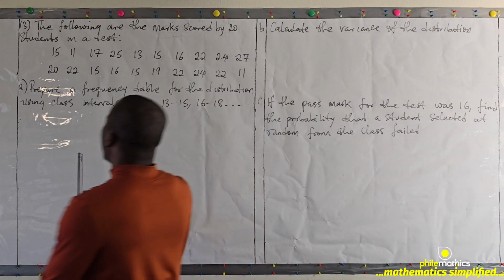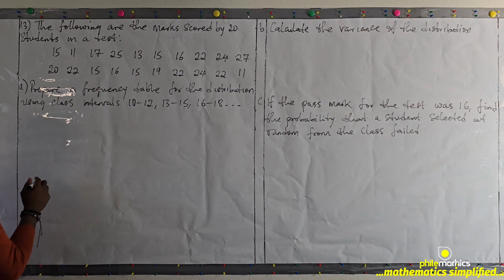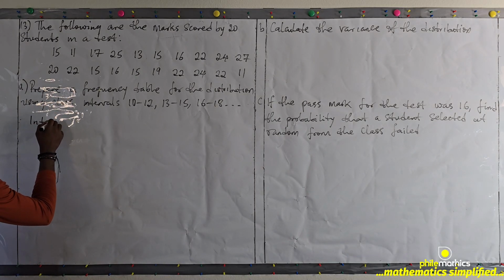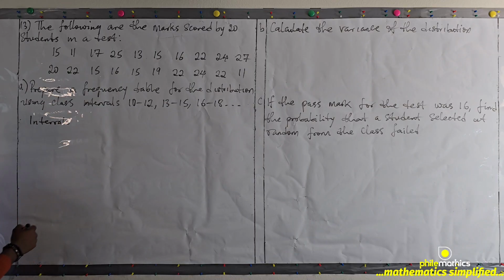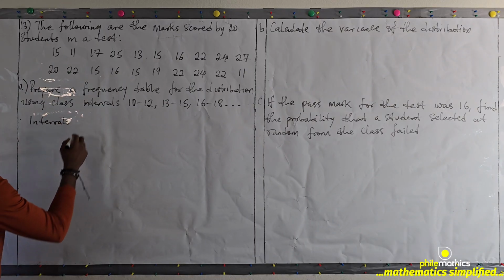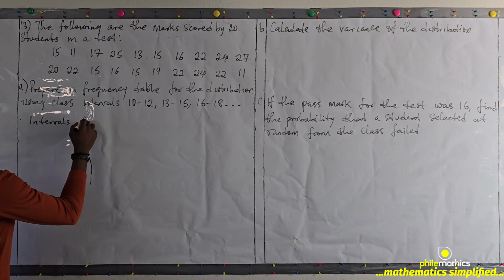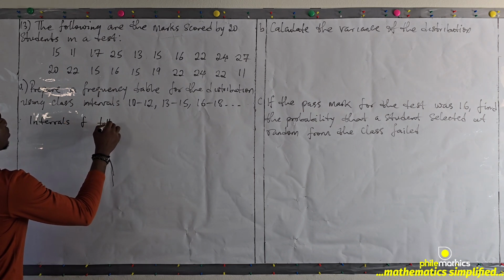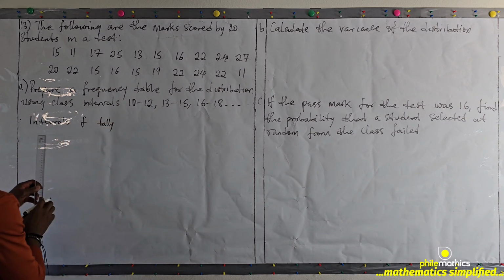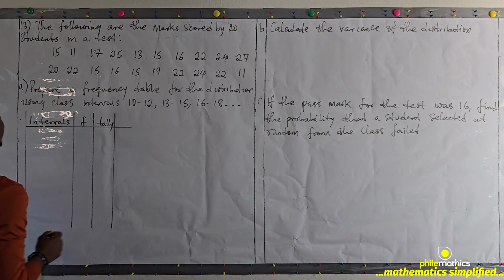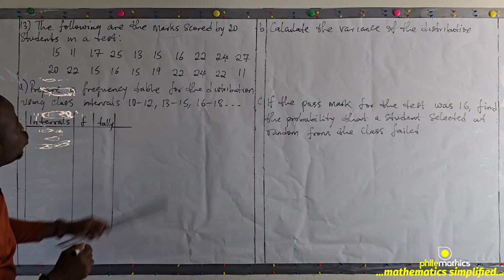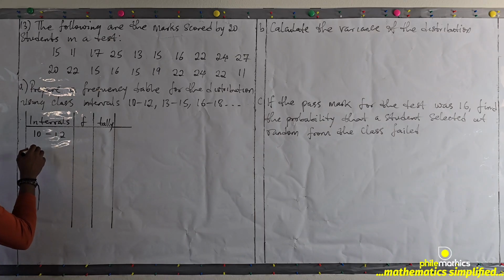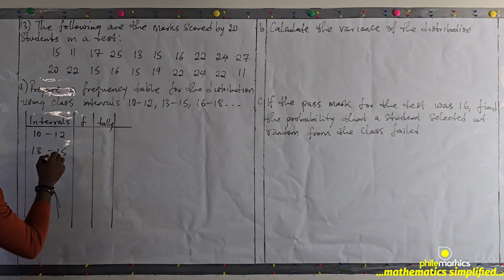So we'll start by listing out the things we need. We need the intervals, we need the frequency, and we need the tally. Let's get this done first. And so for the intervals, we are asked to use 10 to 12, 13 to 15.